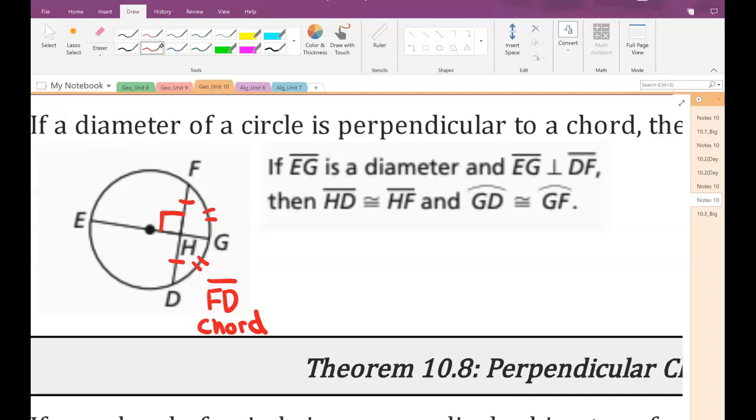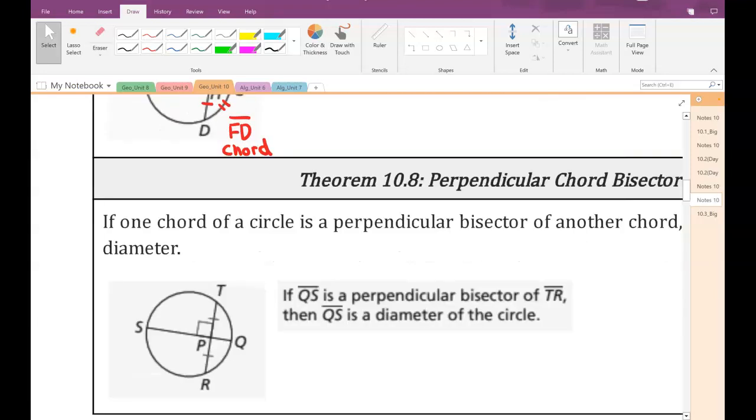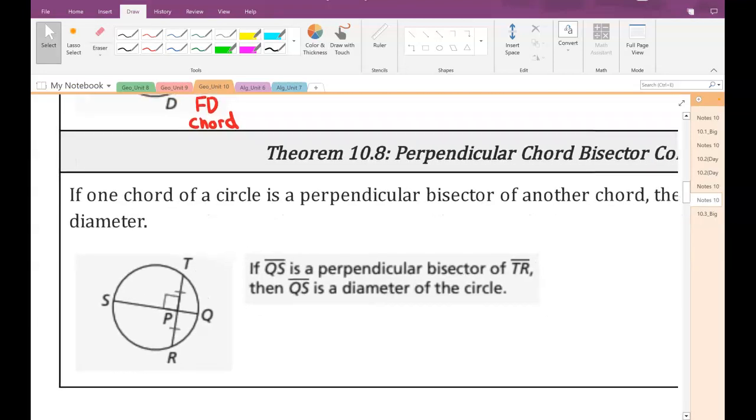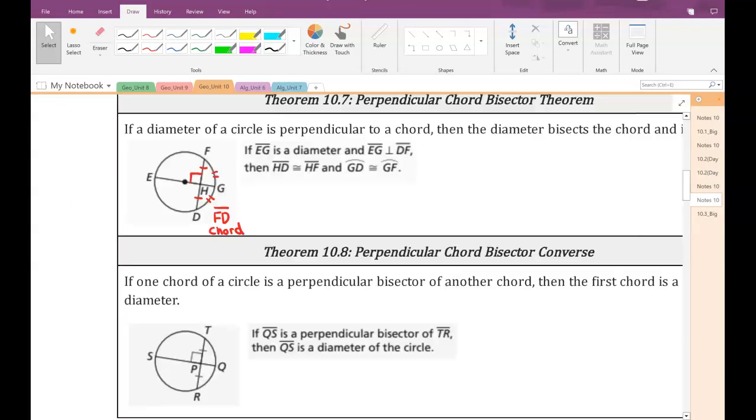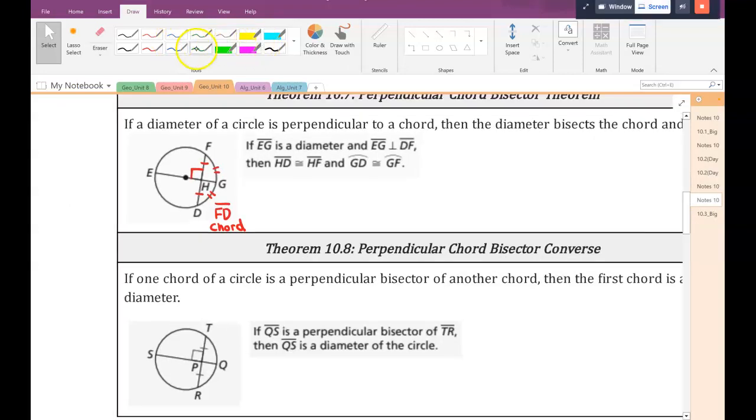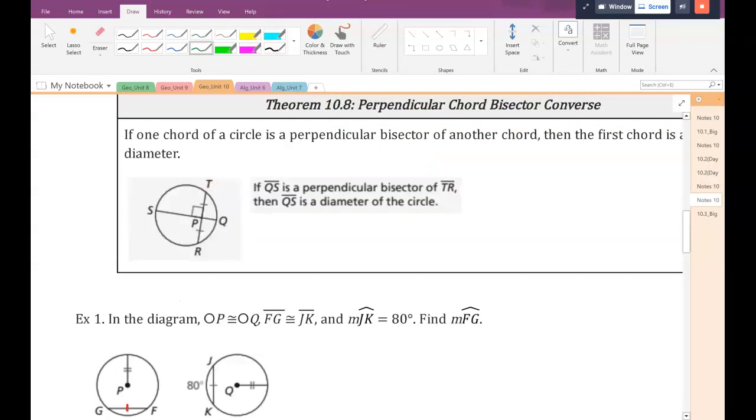Our next theorem is the converse of this one here. It starts by saying, if they are perpendicular to each other, then one has to be the diameter. So it's just the statement we had up here flipped. We're flipping direction.